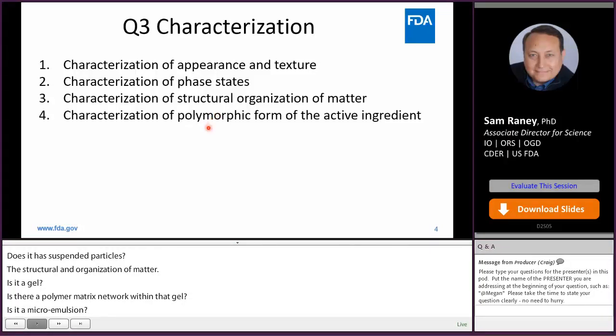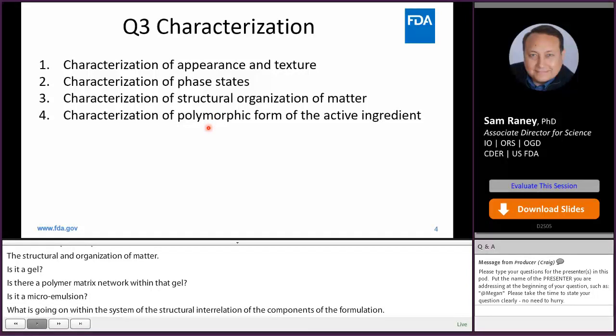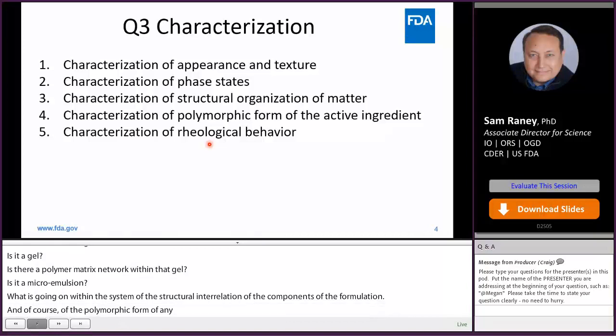And of course, of the polymorphic form of any suspended drug itself, and the rheological behavior, which tells us a great deal about how the different components of the molecular machinery within these semisolid dosage forms interact with each other in response to stress.